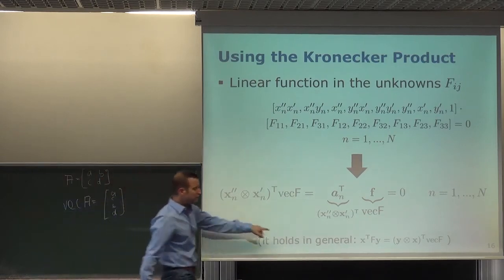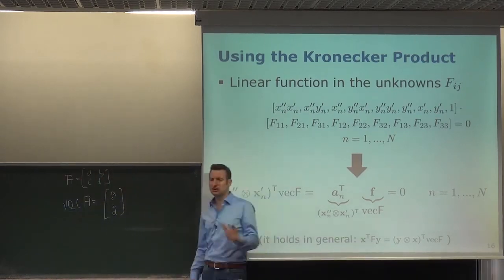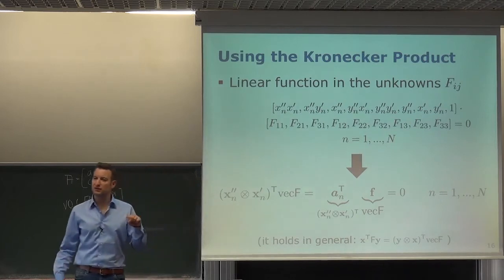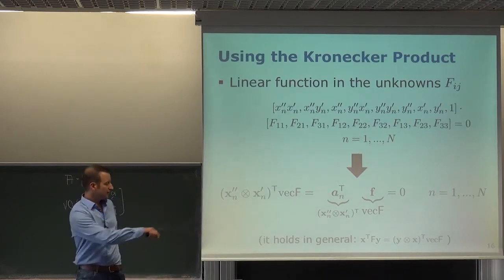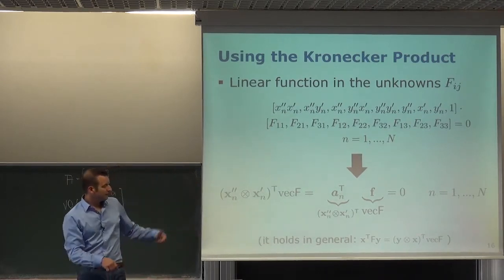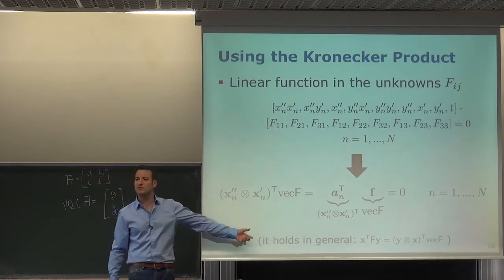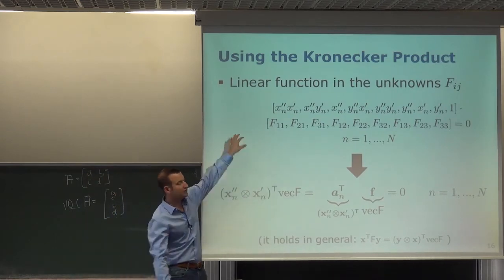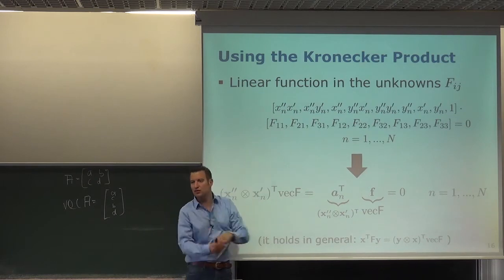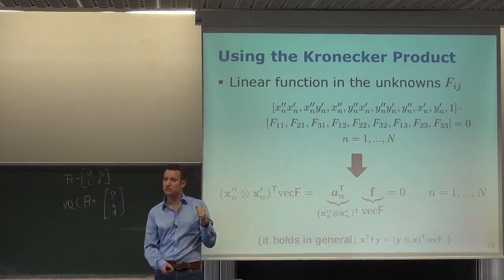I can actually do this rewriting in general for a general product of two vectors in a matrix, especially in this case here. And we actually use this from time to time whenever we want to turn the elements of a matrix into a vector of unknowns.